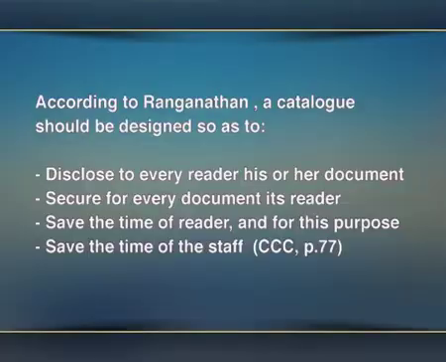According to Ranganathan, a catalog should be designed so as to disclose to every reader his or her document. If you compare the 5 laws of library and information science, the purpose of the catalog should be that books are for use, and when every user comes to the library, the catalog should be able to disclose what the library has.